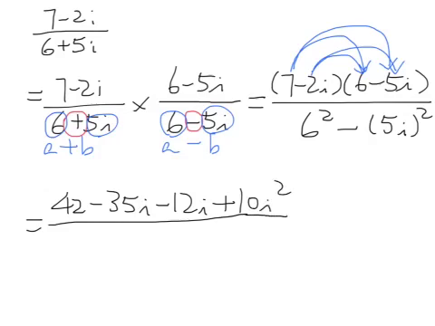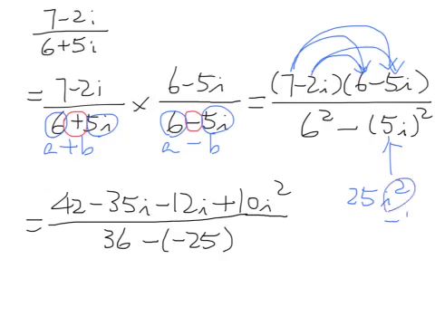Alright? Now on the bottom, it gives us 36 minus 25. Why? Because this basically is 25i squared. What is i squared? Negative 1, right?